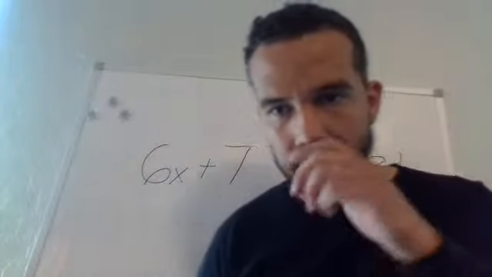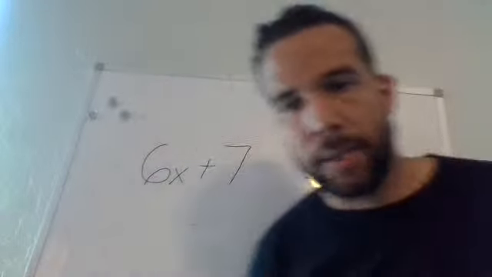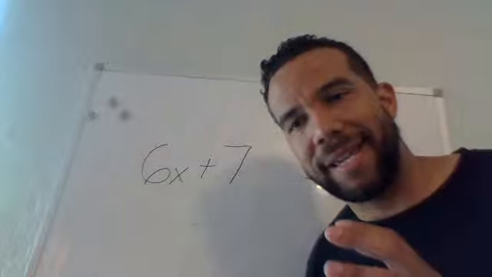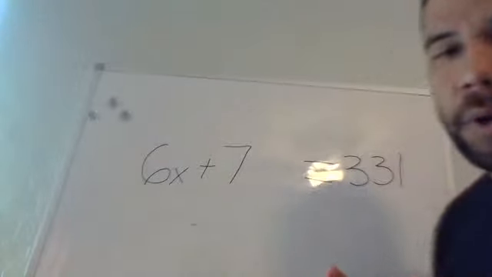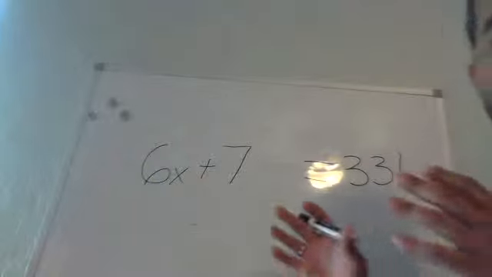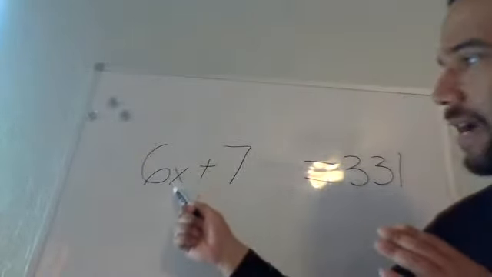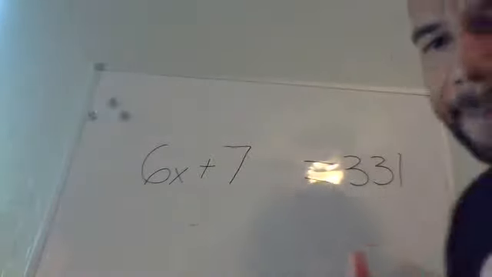Okay. So let's go ahead and walk through this. I do see that some people say they're not sure. We always want to start off with what is known as the inverse operation, which means we're going to do the opposite of what the problem has going on so we can get the variable by itself. It's called the inverse, meaning the opposite.